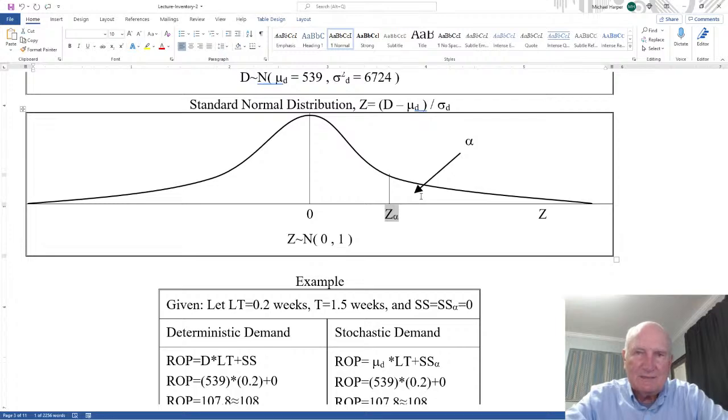Hopefully that makes sense. Because if you have larger and larger ROP, the probability of running out of inventory during that lead time gets lower because you have more inventory. As the inventory increases, the probability of running out decreases. Well, 1 minus alpha is the service level.